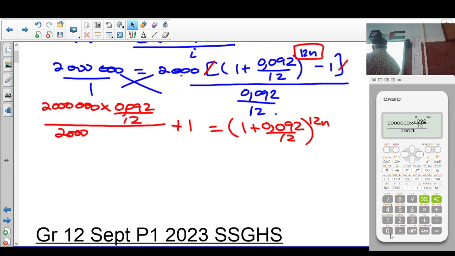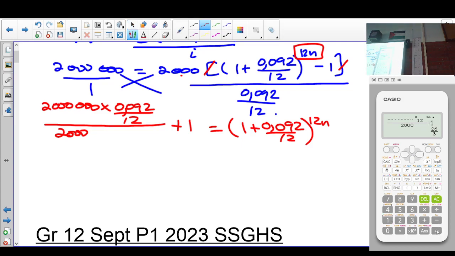Divide by 2,000 plus 1. 26 over 3. This 26 over 3 is equal to 1 plus 0,092 over 12 to the exponent 12n.